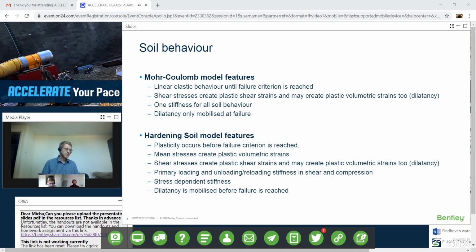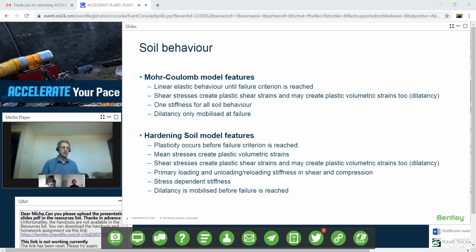Now, if you look at the hardening soil model, first of all, it doesn't have linear elastic behavior. It has elastoplastic behavior. Even before we reach failure, we already have elastoplastic behavior. So we have plasticity, permanent deformations, before we reach failure. Again, that will create plastic volume strains by itself.